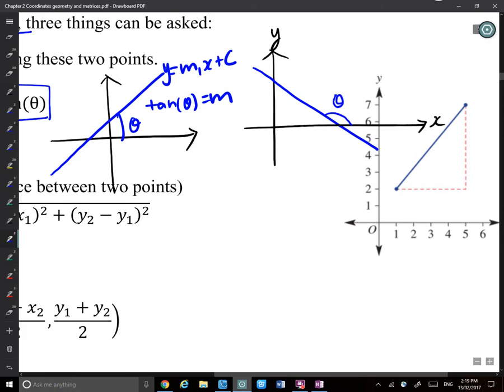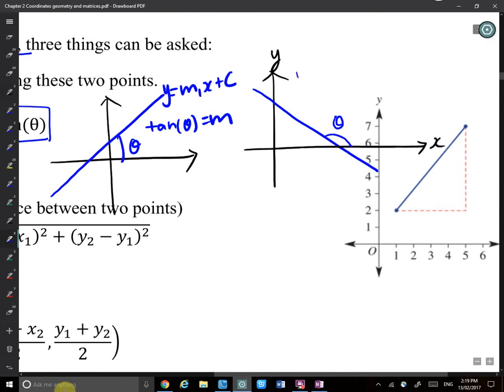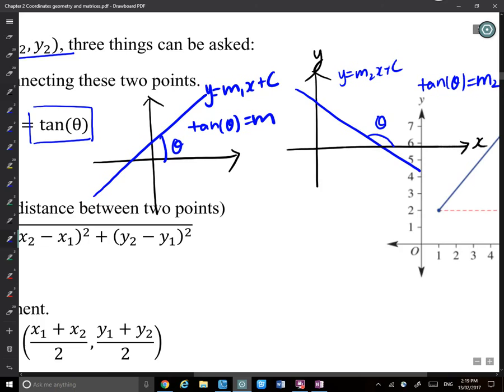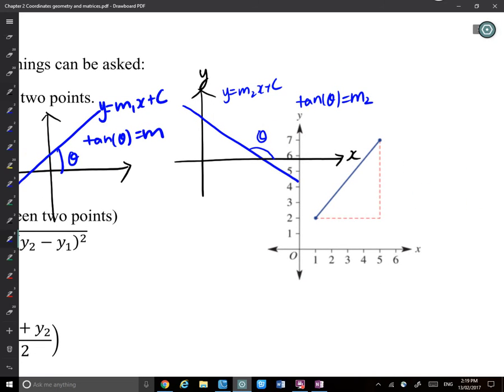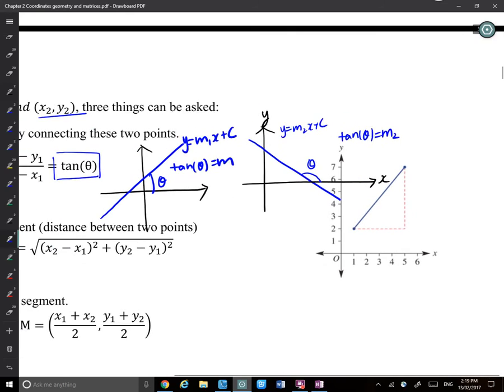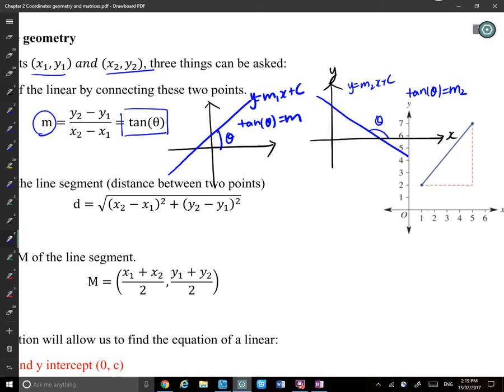That is the angle theta. So let's say y equals to m2x plus c. Then tangent theta will equal m2 for this one. So which angle do you take? The angle formed by the positive sides. That gives you the theta.